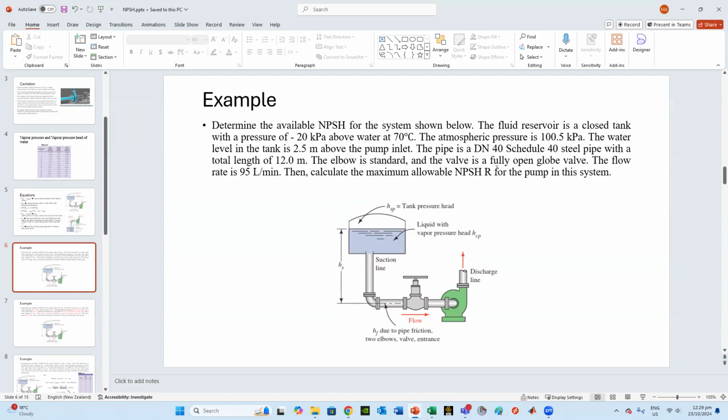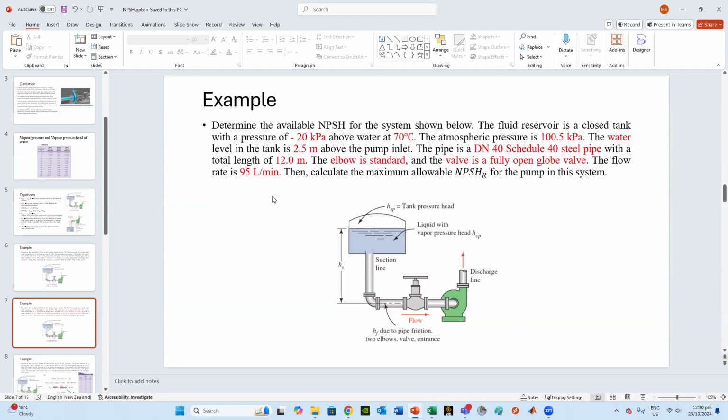The pipe is DN 40 schedule 40 steel pipe with a total length of 12 meters. The elbow is a standard one, the valve is a fully open globe valve, and the flow rate is 95 liters per minute. Then calculate the maximum allowable NPSH required for the pump in the system.